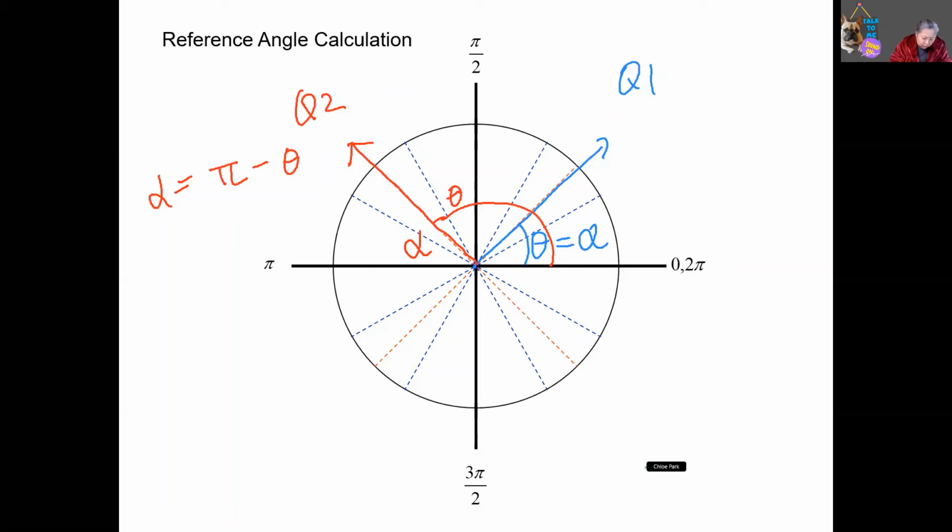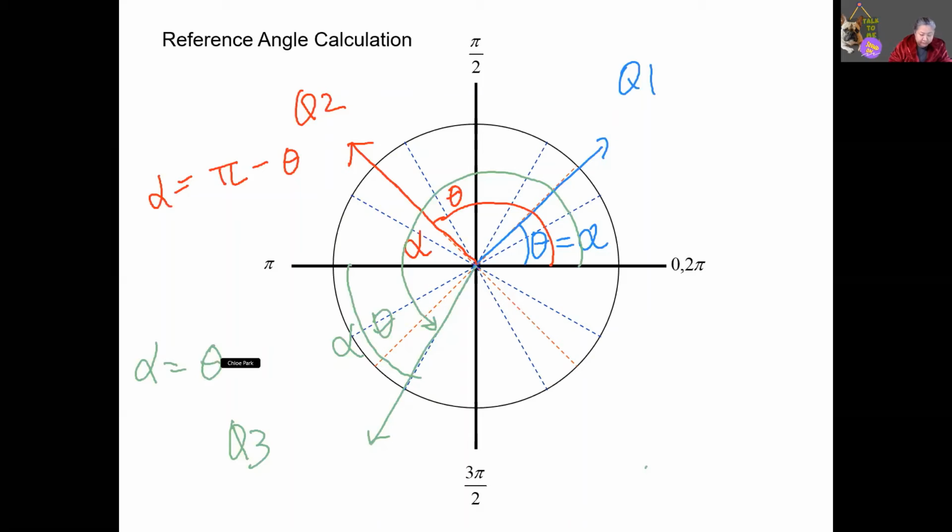Then in quadrant 3, if this is the angle, the original angle all the way here is theta. Then the alpha is only this. This is the alpha. For quadrant 3, the formalization for alpha is you put the original angle first, and then you take away the 180, the upper half circle. Then you end up with the measure of the reference angle in quadrant 3.